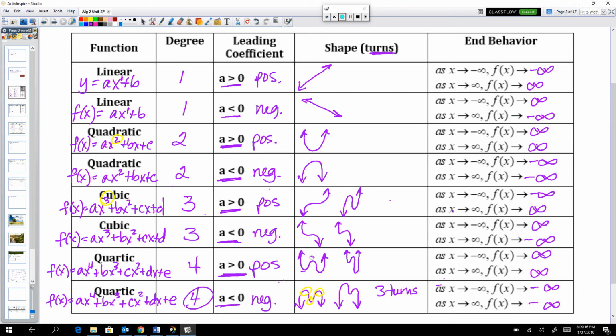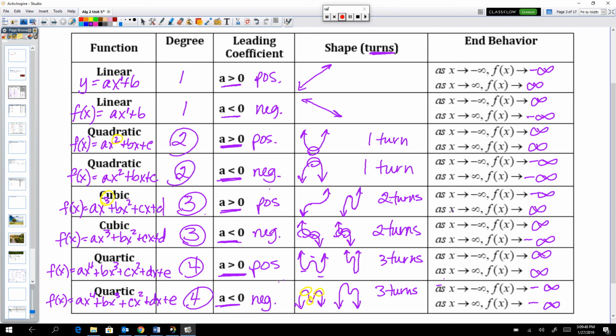Same thing here. 1, 2, 3 turns. 3 turns produces a degree of 4. 2 turns, turn here and turn here, 2 turns causes a degree of 3. 1, 2 turns. 2 turns produces a degree of 3. 1 turn produces a degree of 2. 0 turns, nothing in a line, right?